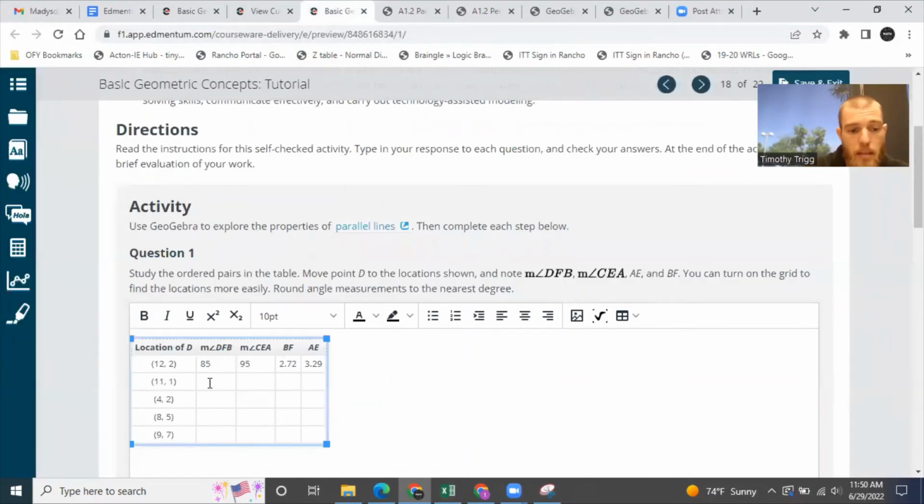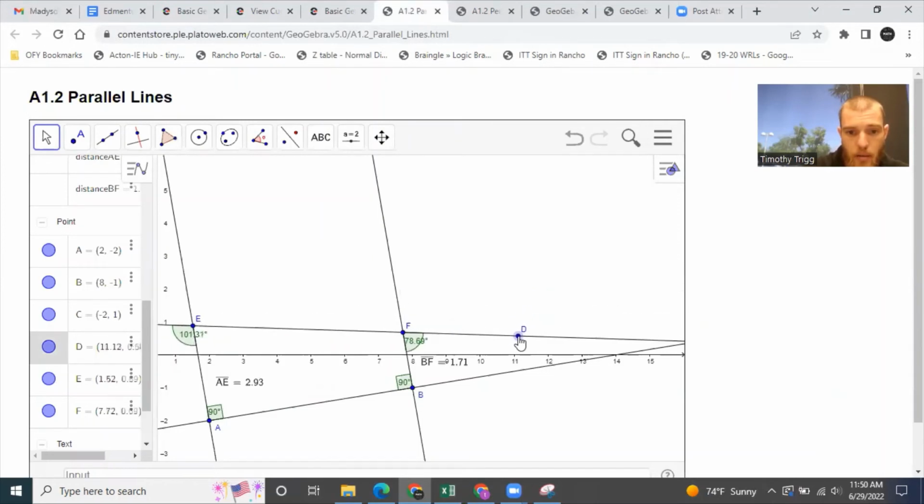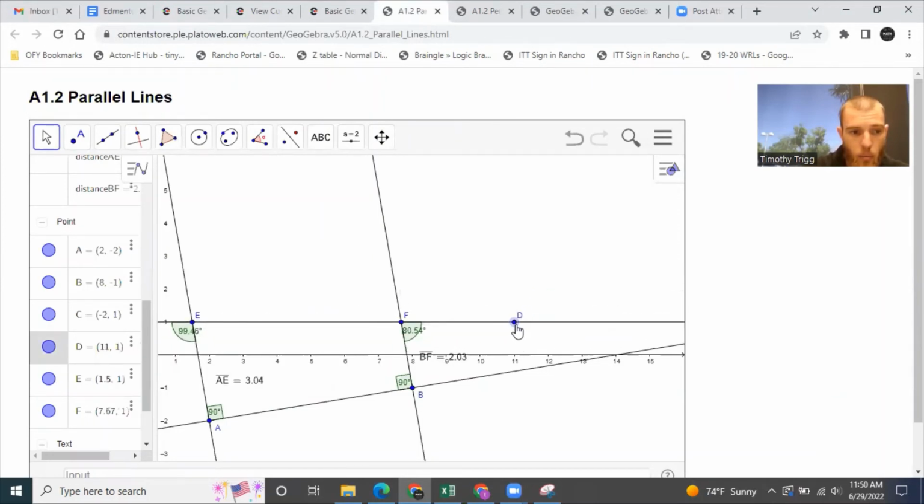So just like that. Then you're going to move point D to 11, comma 1. So let's go ahead and do that. Go to D here, move to 11, comma 1. Okay, it should say 11, comma 1 over here on the left. And then you want to state what the angle measures are once again.